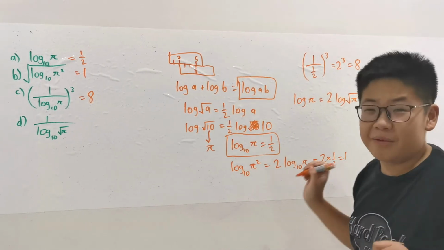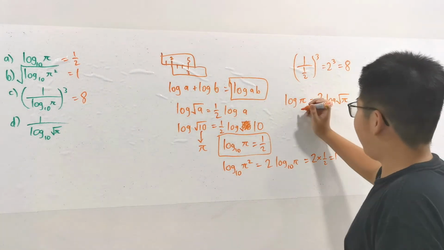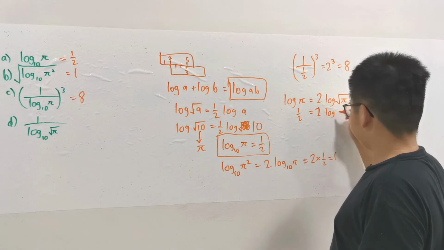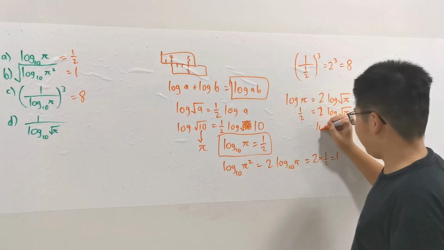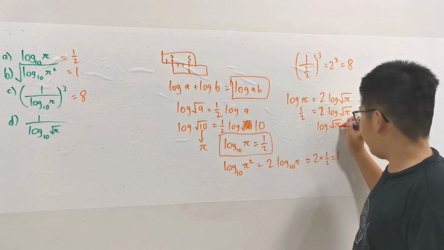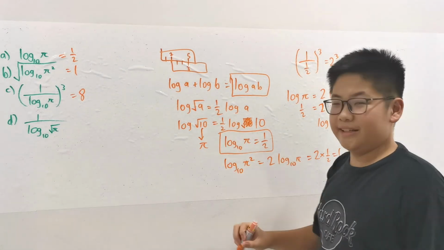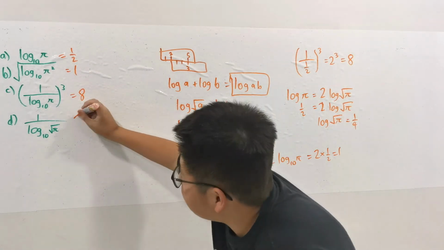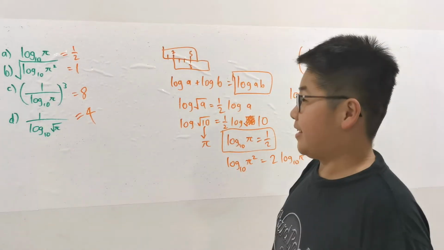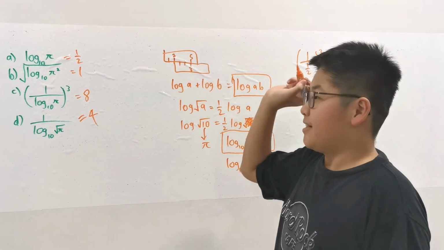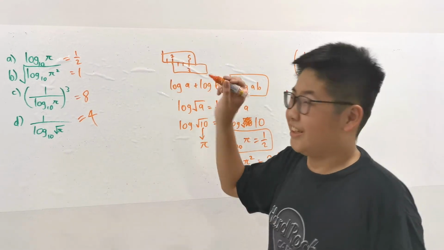So when we trick the mathematics into telling us that log pi is half, equal to 2 log square root of pi, the log at base 10 now, log root pi equals a quarter. So 1 over log base 10 of the square root of pi is 1 over a quarter, which equals 4. With that in mind, we can say with confidence that A is the smallest number.